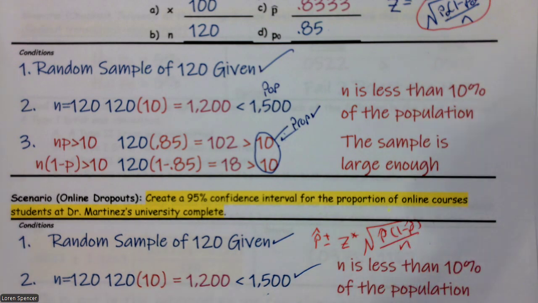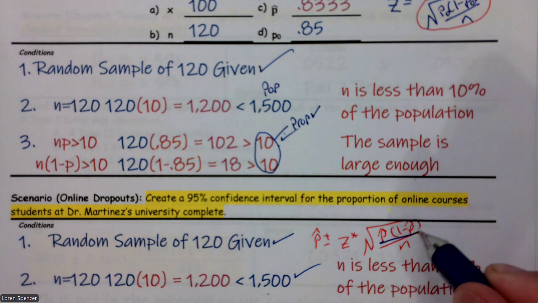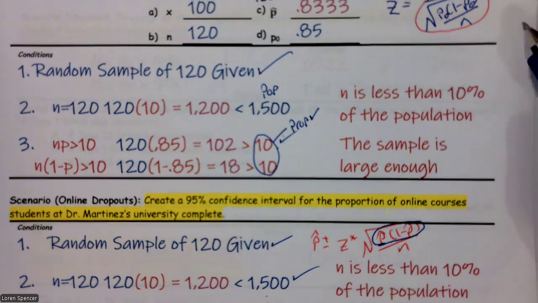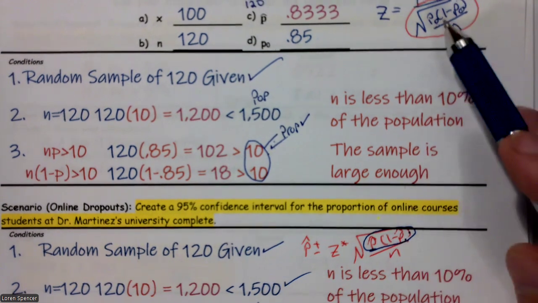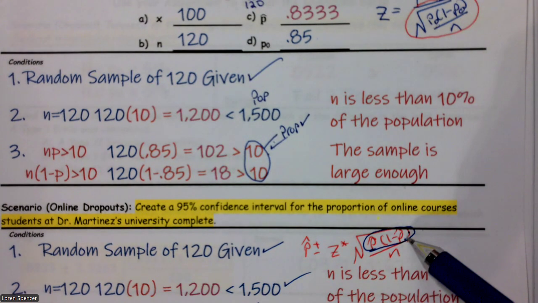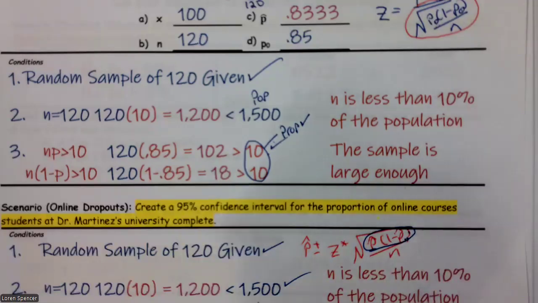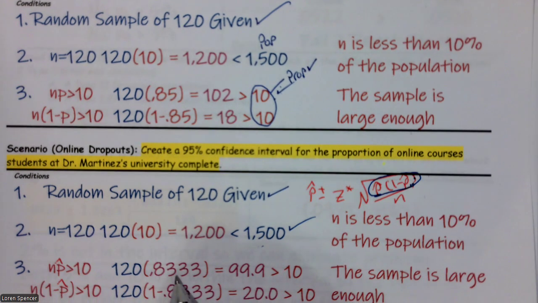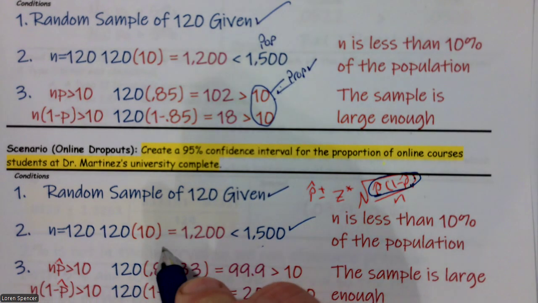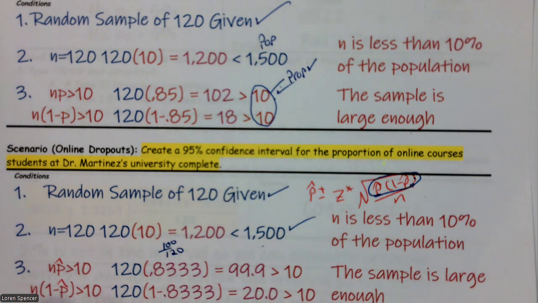And if you'll notice, I have p hats. Up above, I had p zeros, but here I have p hats. Here I was using the population, but for the confidence intervals, I'm using the sample proportion. So I have to use the sample proportion here. So 120 times my sample proportion, and remember that was the 100 over the 120.